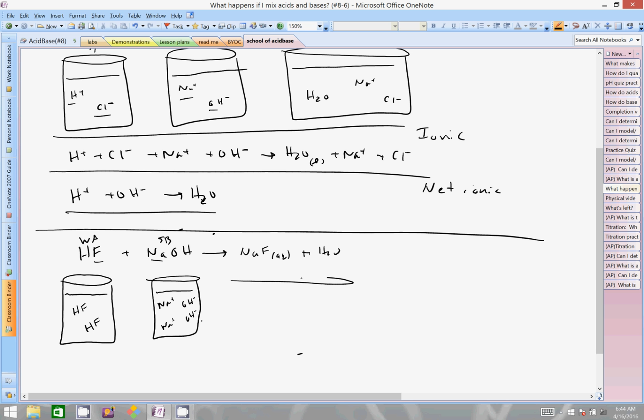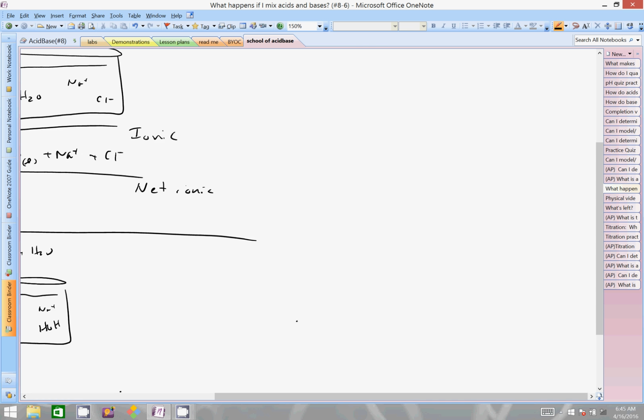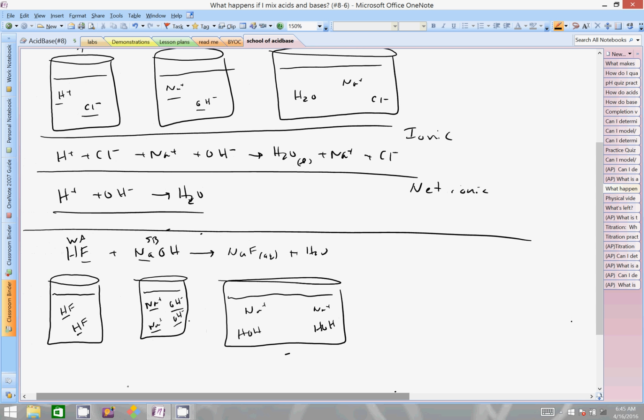Let's draw our beaker out here. Now in this case, we get Na plus, spectator, Na plus. H and OH forms water, and H and OH forms water, and then we get the fluorides. The fluorides are just floating around.